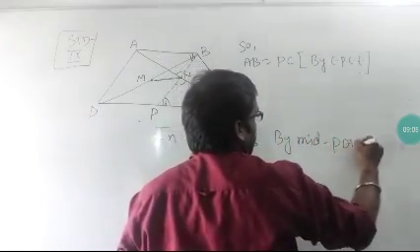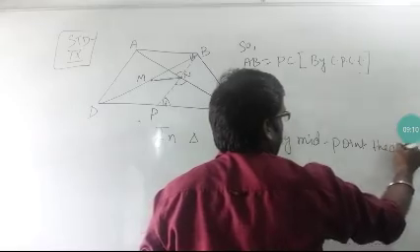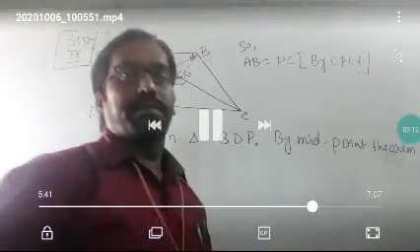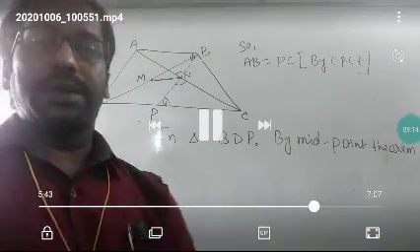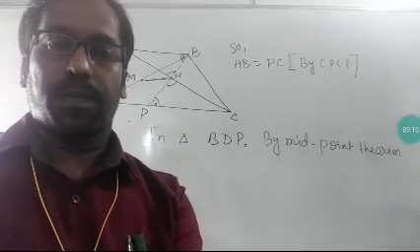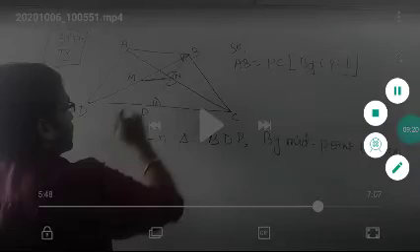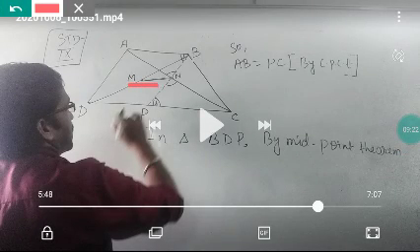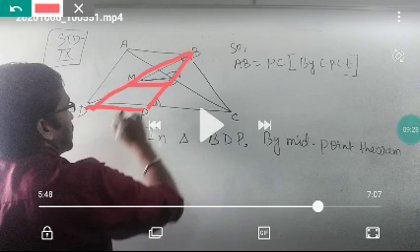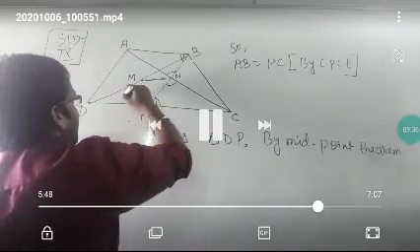So by the midpoint theorem we can write, here is that line, MN is the line. This MN is parallel to DP because in this triangle these midpoints are joined, so MN is equal to half of DP also.